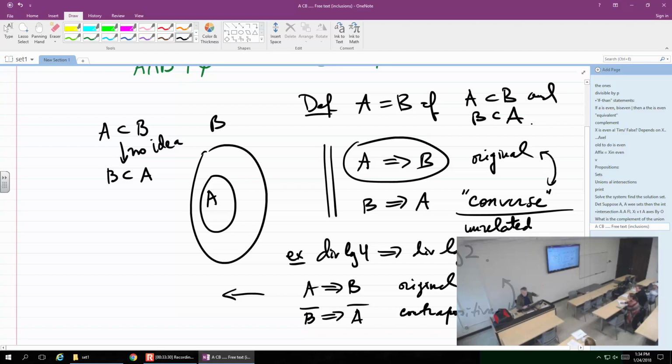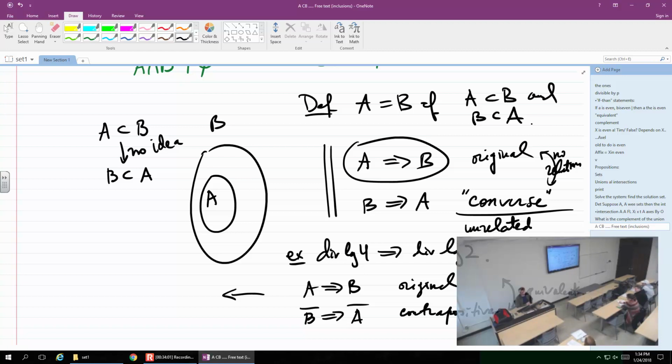No relation between a statement and its converse. What's the relation between a statement and its contrapositive? There is a relation there. It is the same, or you say they're equivalent. Two equivalent statements. It's the same statement, pretty much. Any questions?